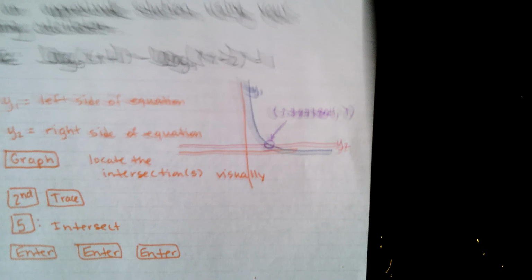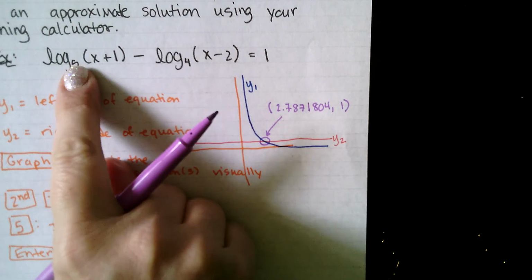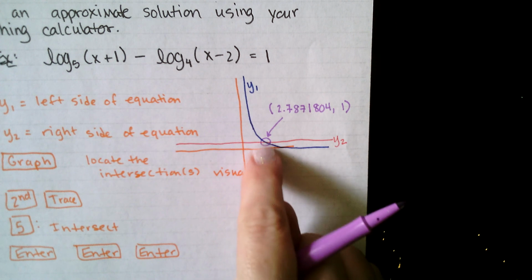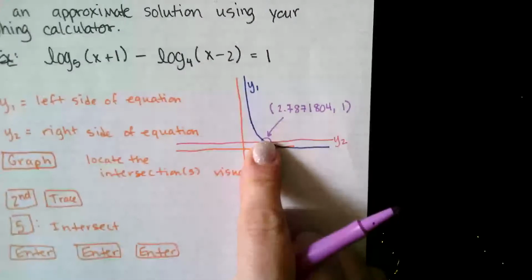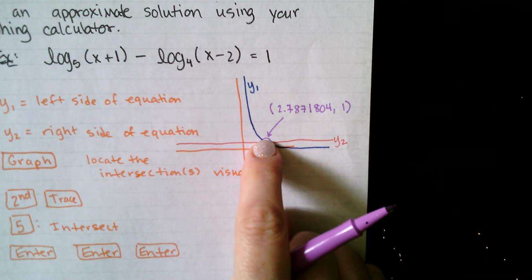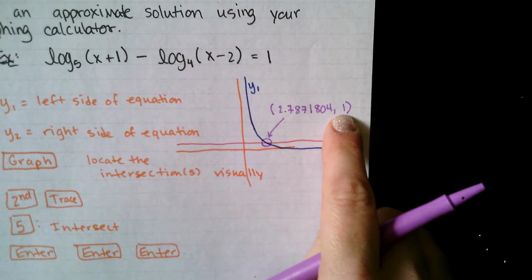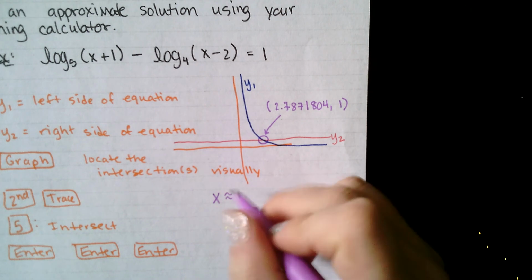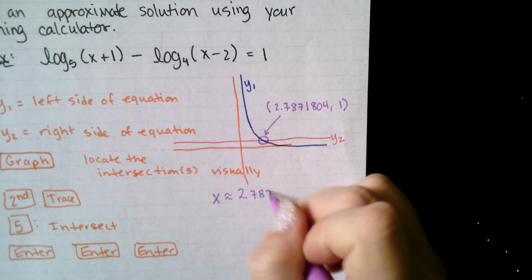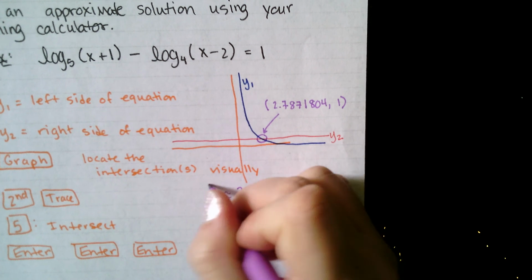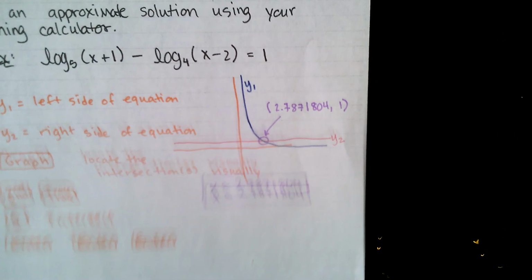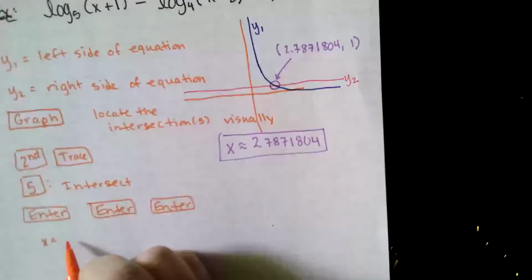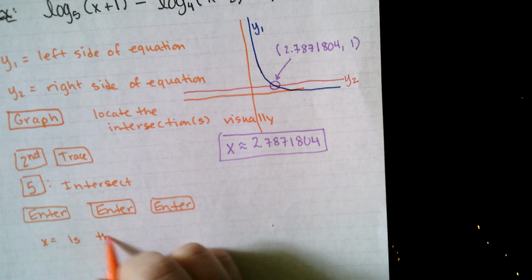What we were trying to solve for was the x value. The y value is how I know they are intersecting, because their y values are equal. So the y value is irrelevant in solving this equation. The answer would be the x value. So 2.7871804 is the solution. Let's write that down over here. x equals that is the solution.